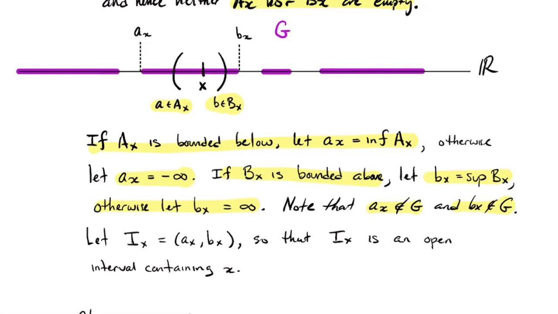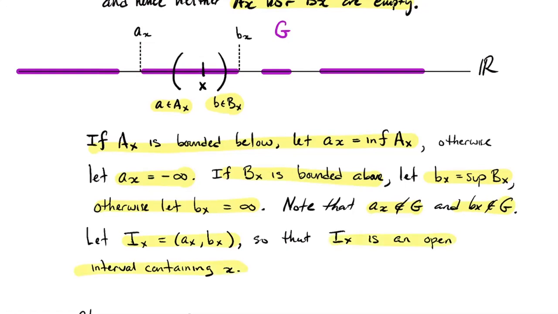So that's why little a sub X can't belong to G. And likewise, little b sub X can't belong to G. That's in the bounded case. In the unbounded case, it's easier. Negative infinity doesn't belong to G because negative infinity is not a number. So neither one of those in either case belongs to G. Nice. Okay, let's call I sub X the open interval from a sub X to b sub X. So it's an open interval containing X.